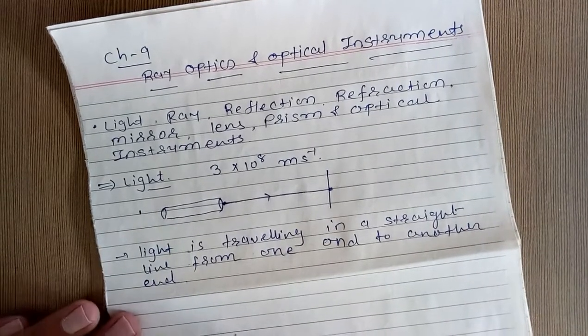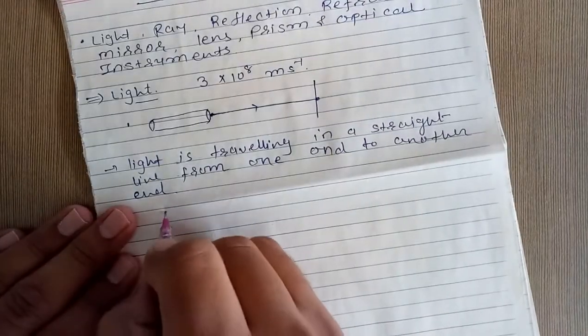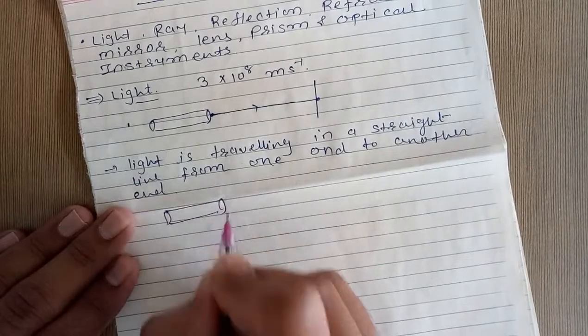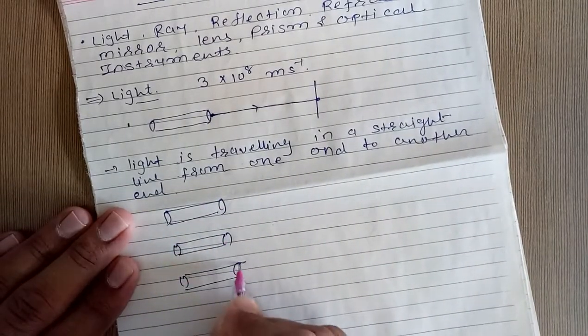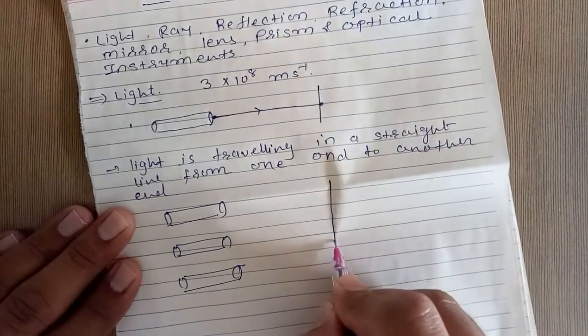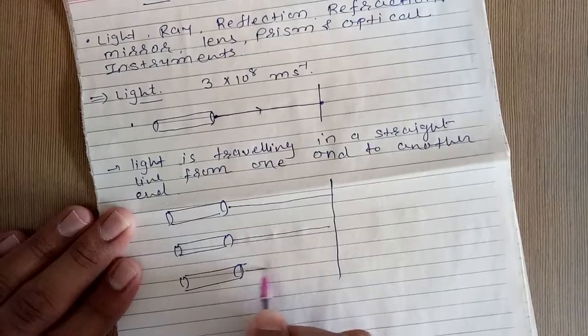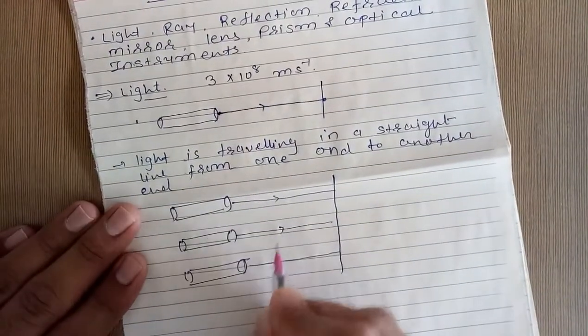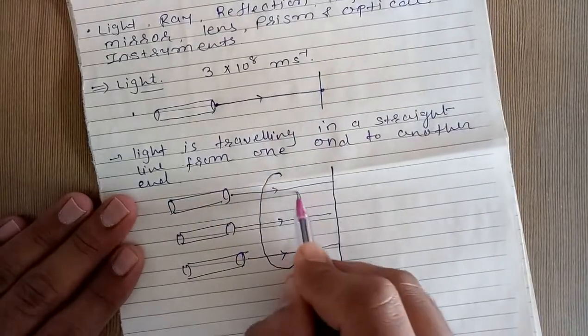Now, if we take more than one laser like this, and we switch on the lasers, then we can see that there is a bundle of light like this.